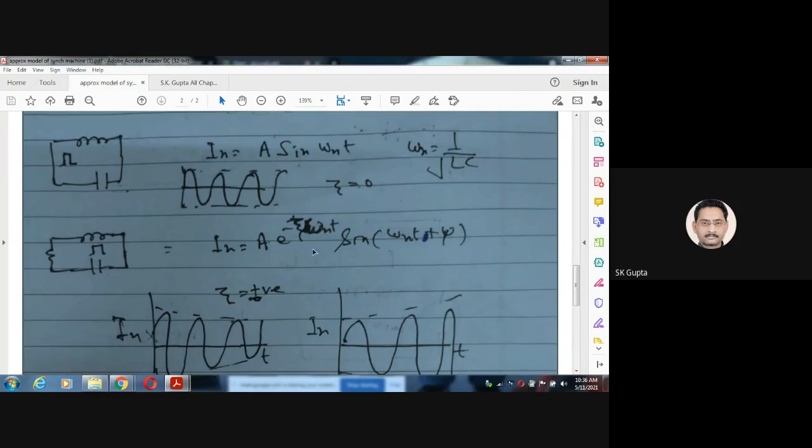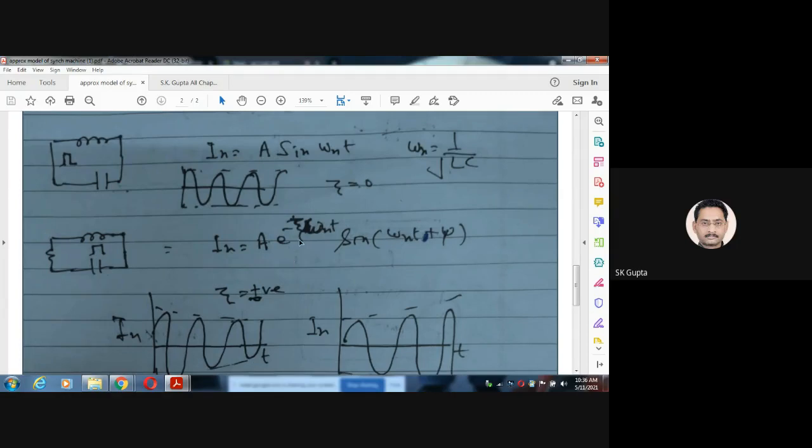This is the natural component of current, and this xi depends upon the resistance R. If resistance R is high, this xi will be high, and because of this e to the power minus xi omega_n t, this decay is there. Otherwise, this signal would be a continuously uniform signal. Now this magnitude goes on decaying continuously, and finally it can become 0. Finally, no signal will be there.